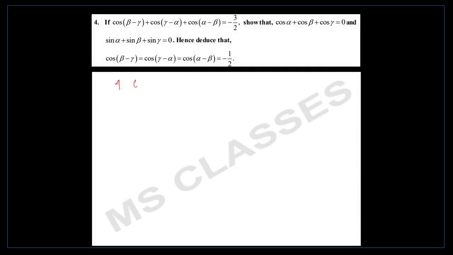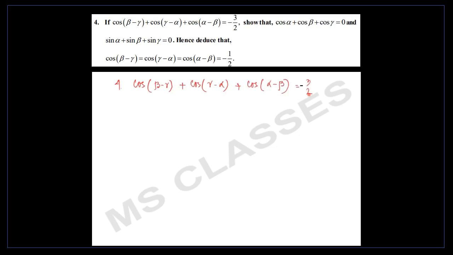Cos(beta minus gamma) plus cos(gamma minus alpha) plus cos(alpha minus beta) equal to 3 by 2. This is the given condition. What we have to show?